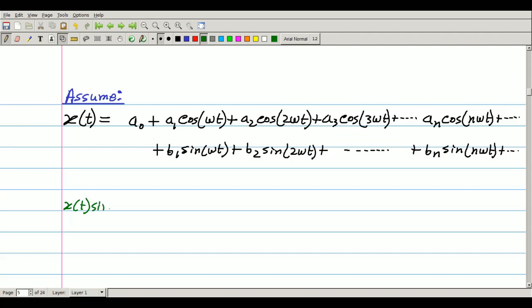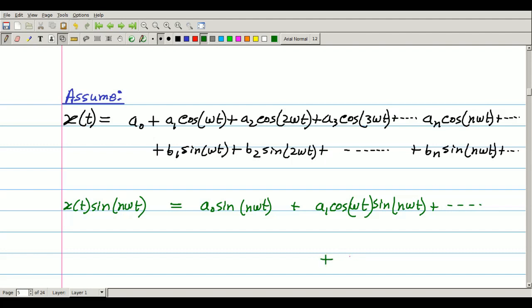So then we will have x(t) sine n omega t in the left side, and the right side will become a0 sine n omega t plus a1 cosine omega t multiplied with sine n omega t, then all other terms in the same way, and finally here you will have an cosine n omega t together with sine n omega t.